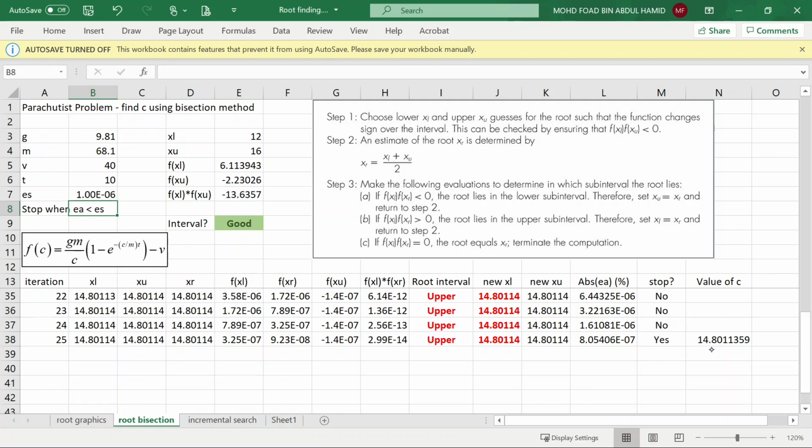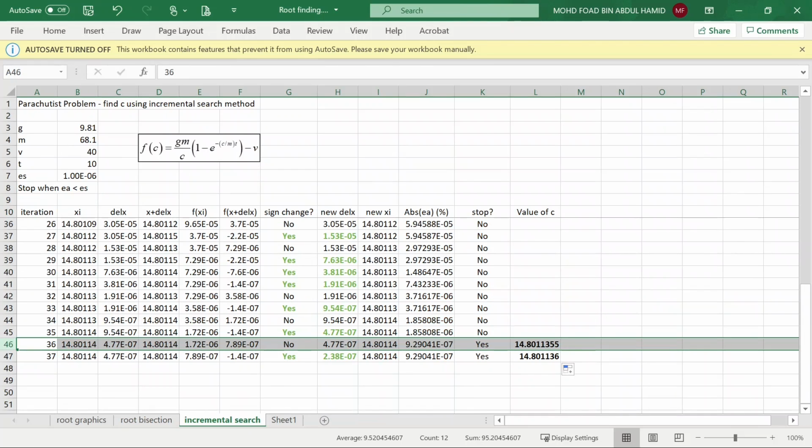And compare that with the bisection method, 14.8011359. If you look at the error requirement, 10 to the minus 6, it means it will be accurate up to the 5th decimal place.